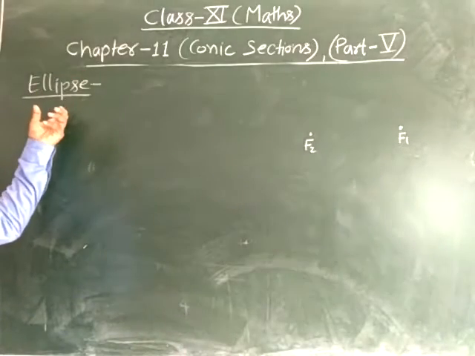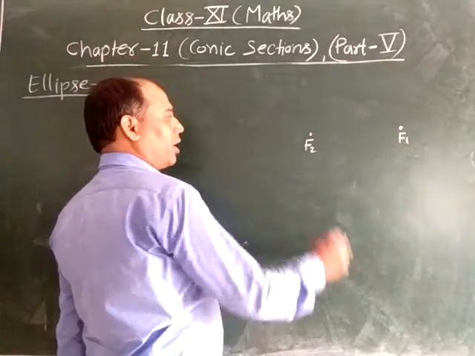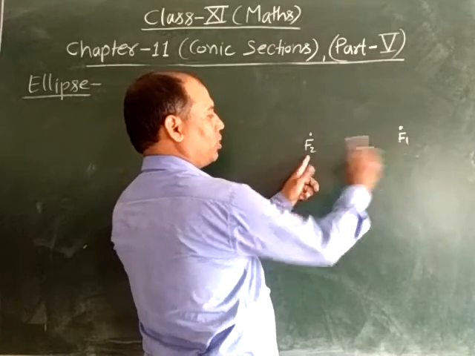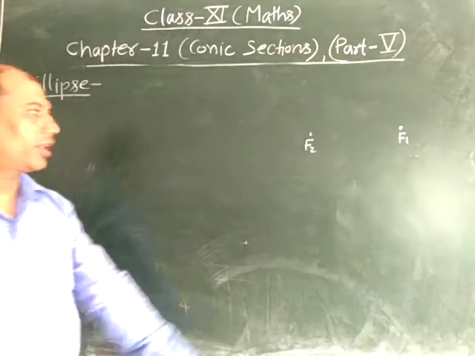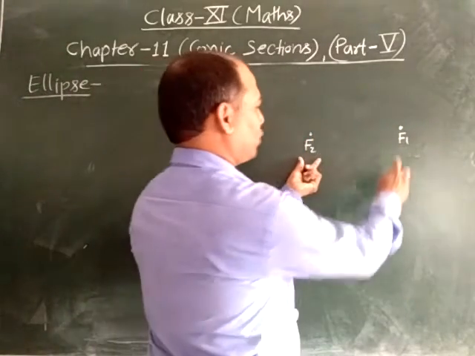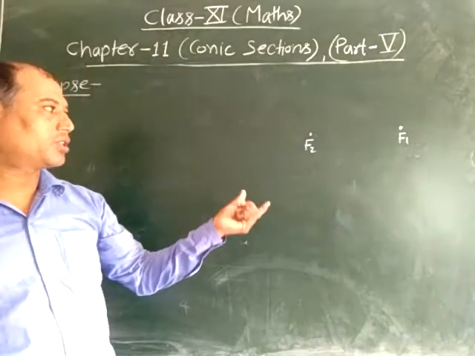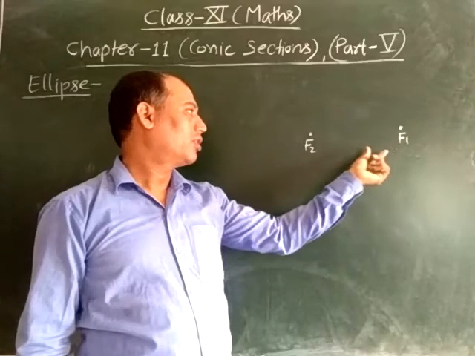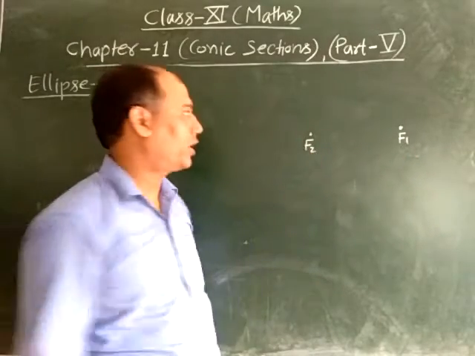Then ellipse is the set of all those points in a plane, the sum of whose distances from these two fixed points remains constant. That means these two fixed points are given and the set of all those points, the sum of whose distances from these two points remains constant.